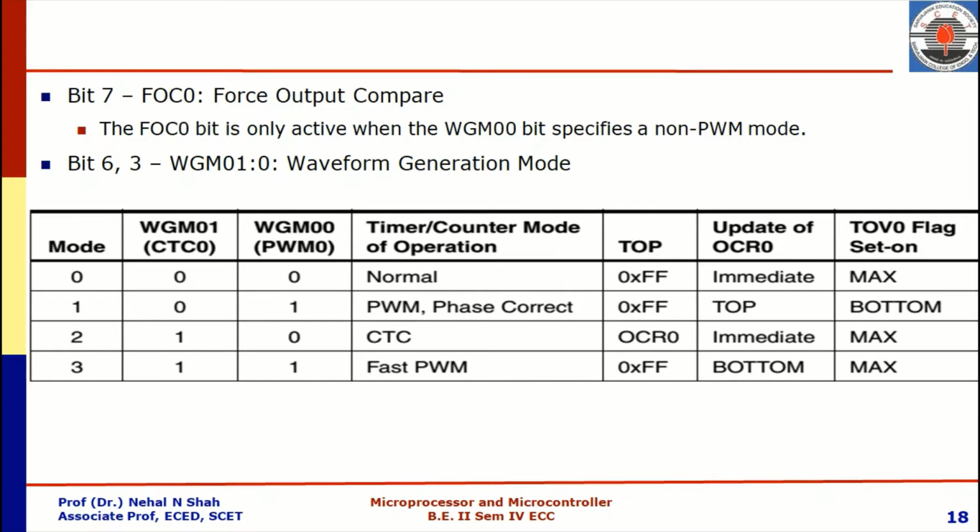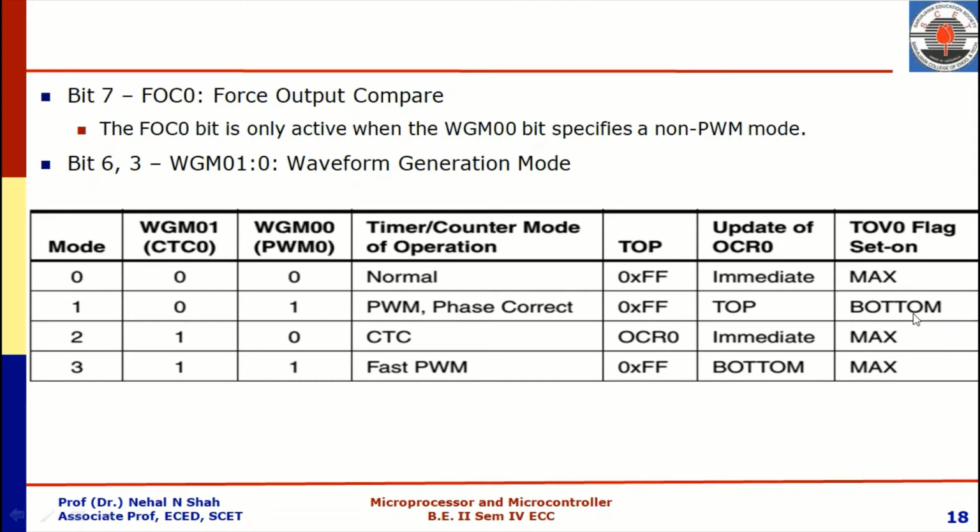In normal and CTC mode, OCR will be updated immediately. In PWM phase correct mode, OCR will be updated at the top value. In fast PWM mode, OCR will be updated at the bottom value. In phase correct PWM mode, counting takes place from top to bottom, so the timer overflow flag will be set when timer reaches bottom.